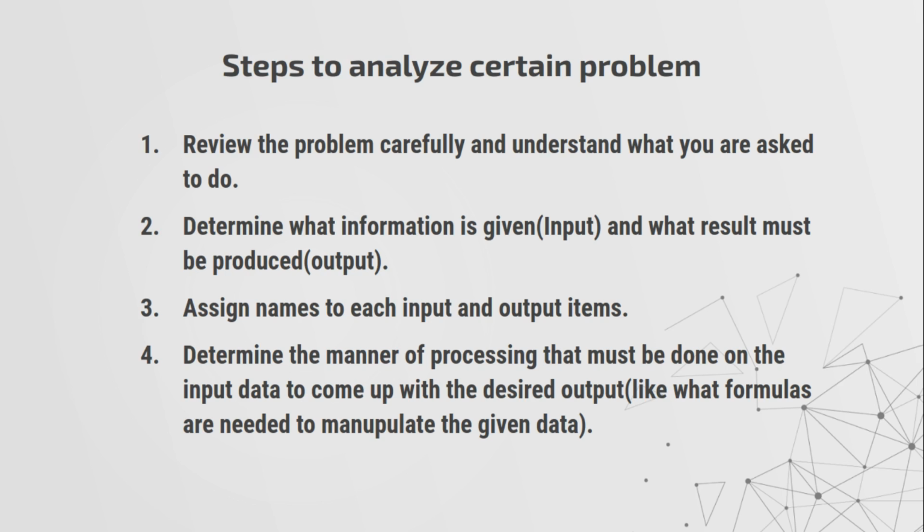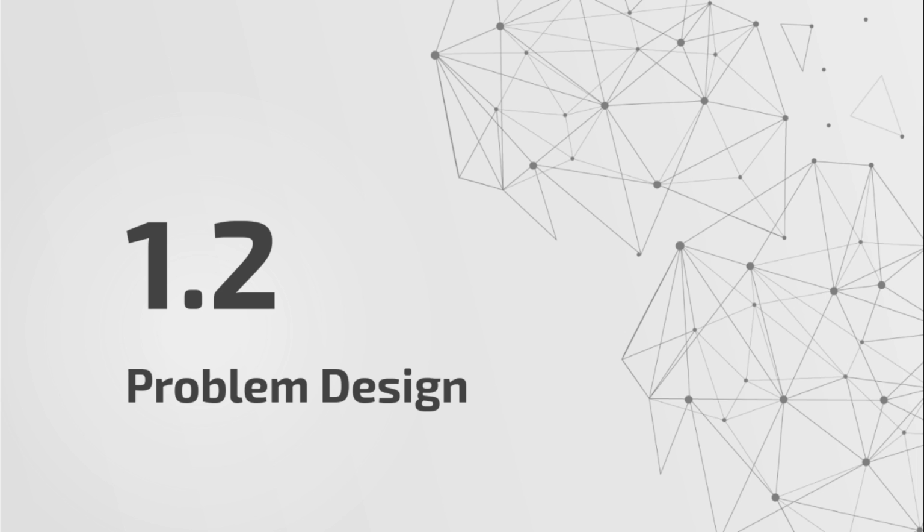For processing, looking at the input provided and expected output, what kind of processing should be done, and what formula solves that efficiently. We have to determine that before going to coding. So these are the certain steps that help us analyze the problem.